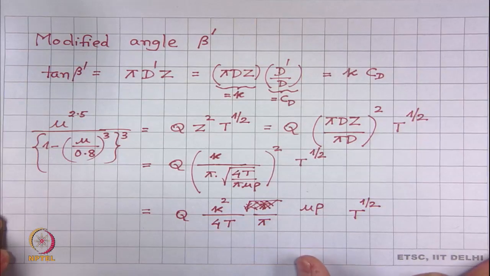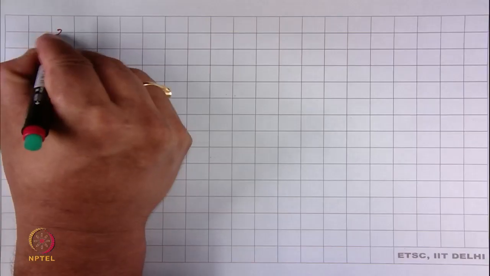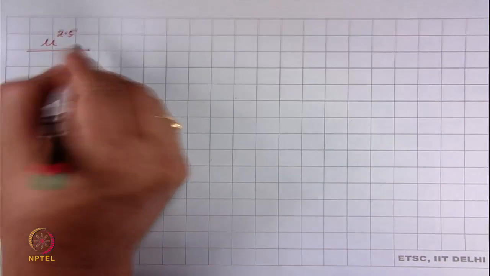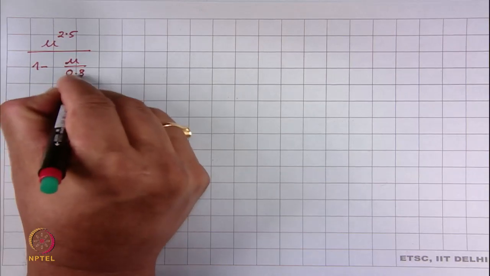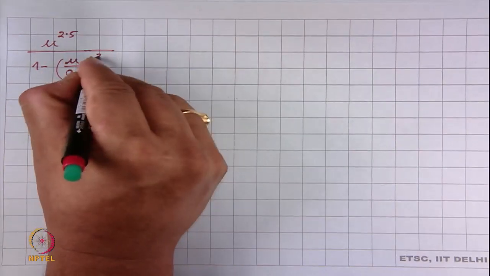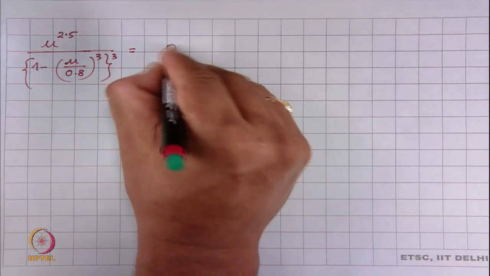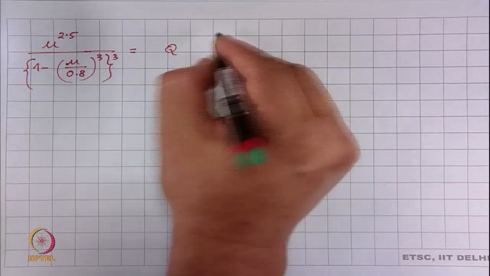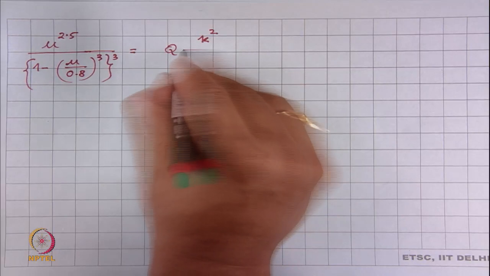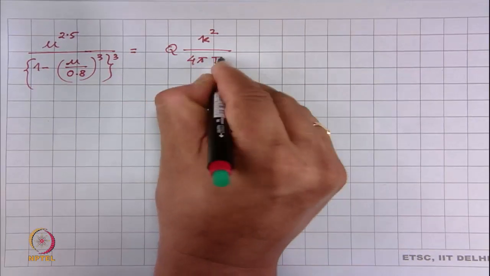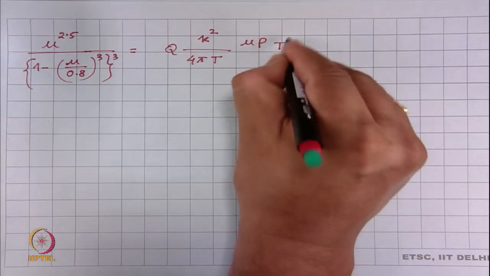Then we can further work on this expression: mu to the power 2.5 by 1 minus mu to the power 0.8 is equal to Q, then kappa square by 4 pi T mu rho T to the power half.